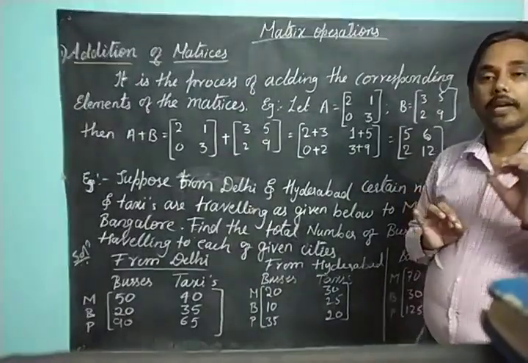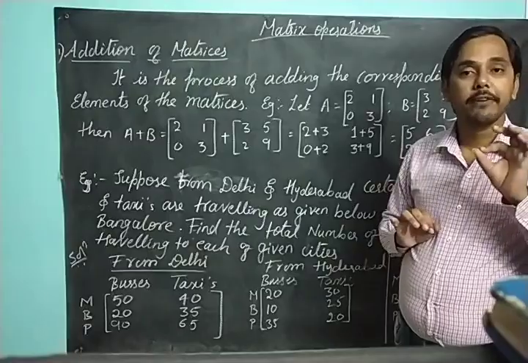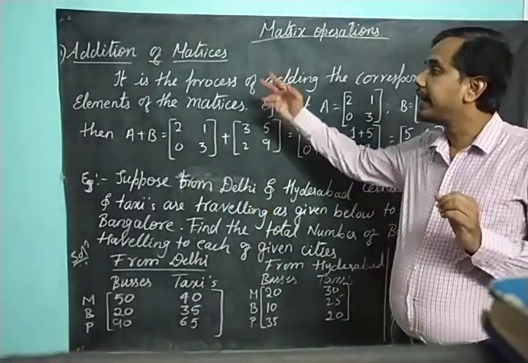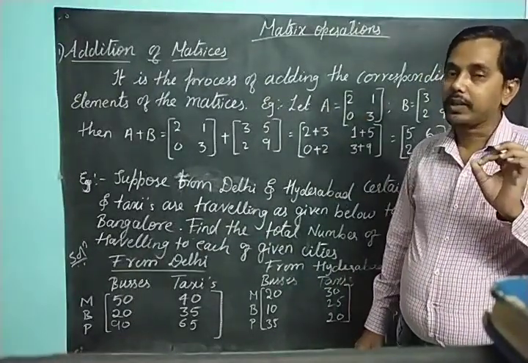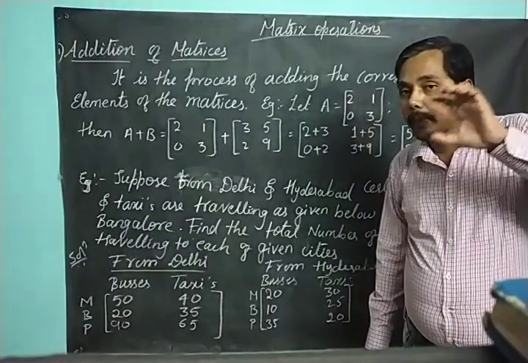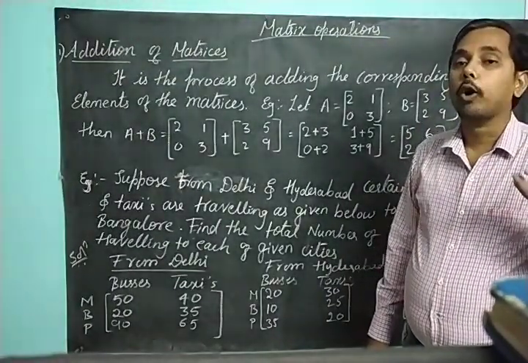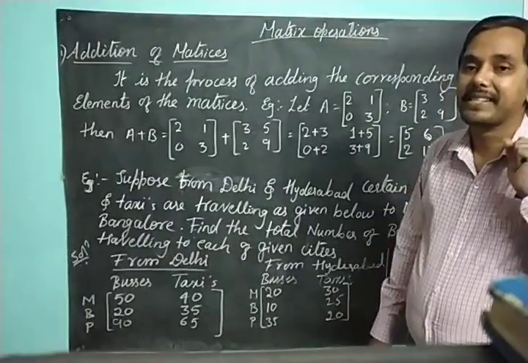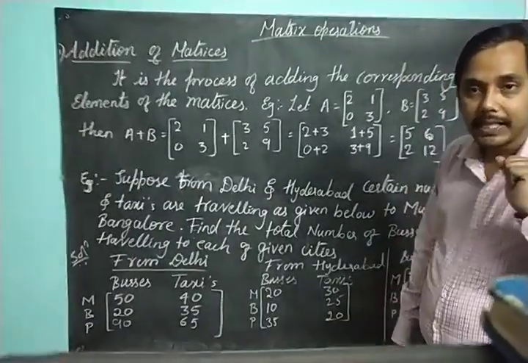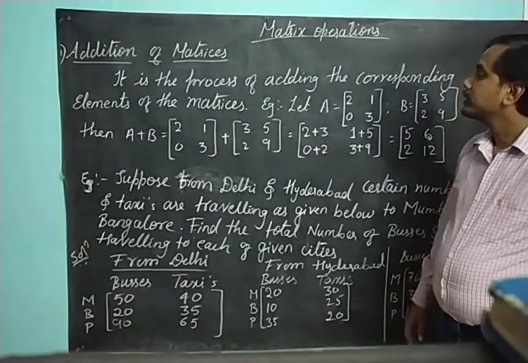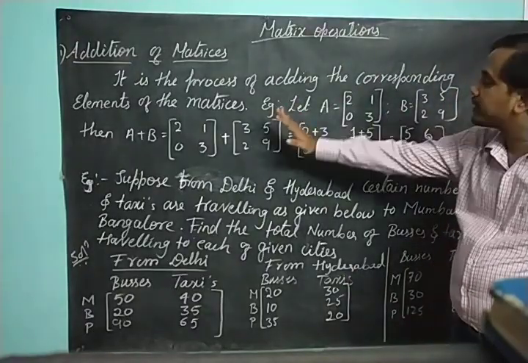You can make a note of that. That is a very important condition to add two matrices. We are capable of adding two matrices, provided the order of the matrices remains the same. So it is a process of adding corresponding elements of the matrices.